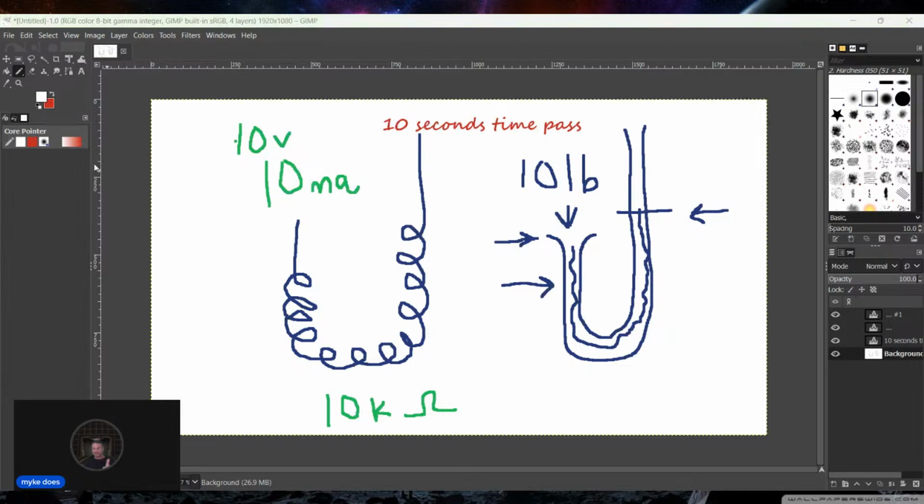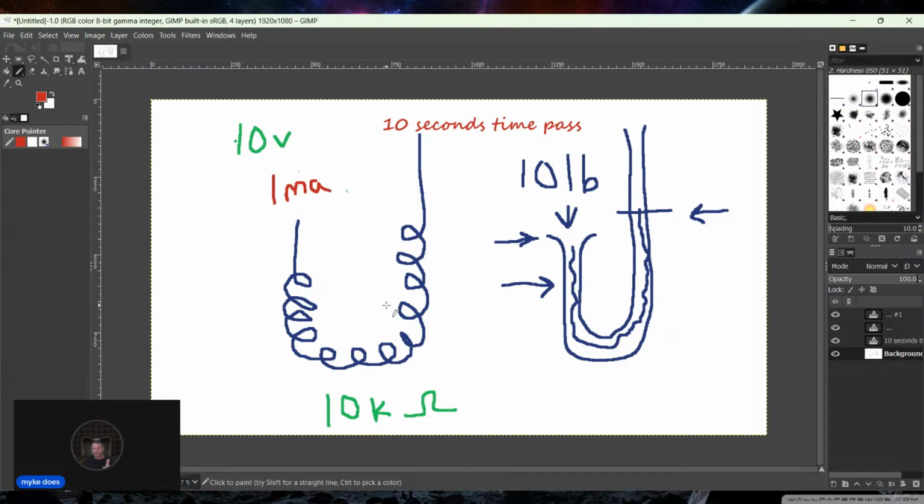So it's not 10, it's 1. One milliamp is all that can get through the coil because it has 10 kilo ohms of resistance.